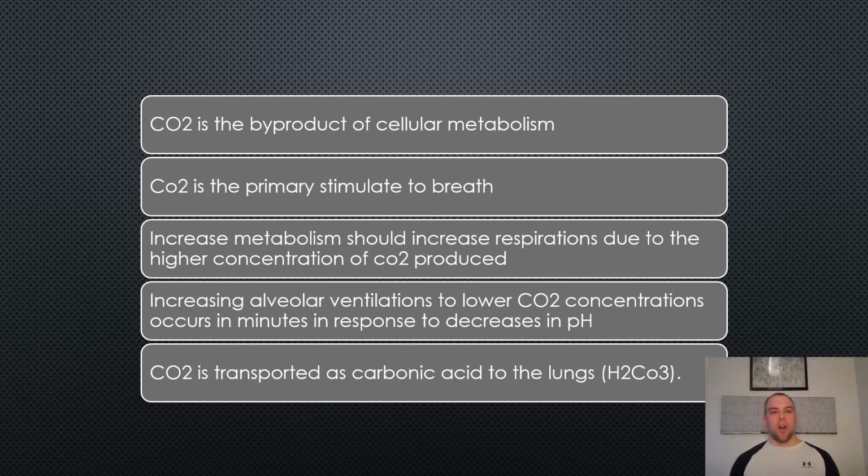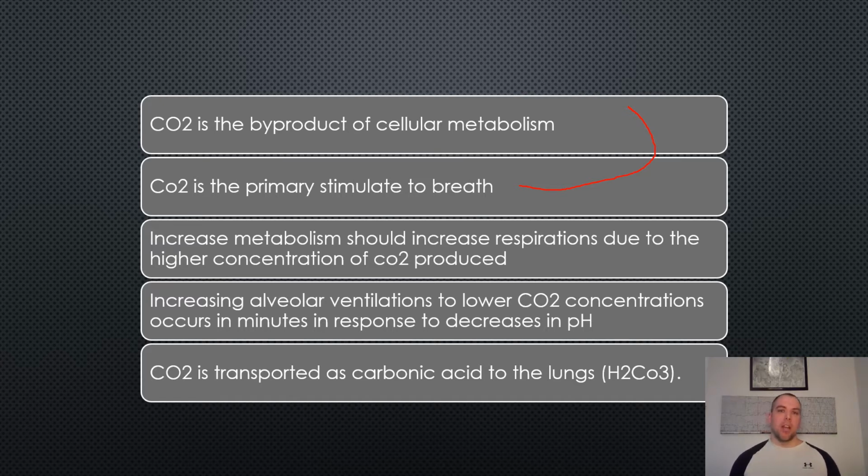So we already talked about it, but CO2 is the byproduct of cellular metabolism. The human body is a pretty amazing thing, and when things are working well, CO2 is the primary stimulation to breathe. The body often works in what would be considered a very logical way. Why would we want to increase respirations as a result of CO2 levels? Well, CO2 levels are a direct reflection of how much metabolism is happening, isn't it?